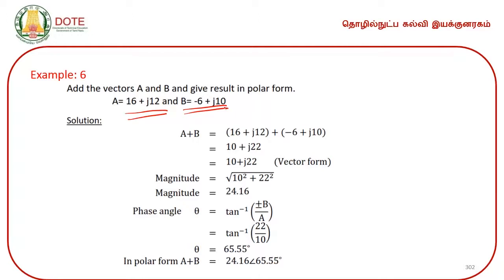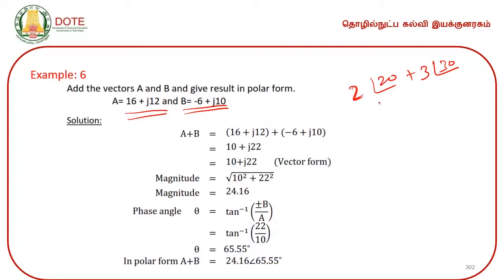Suppose the problem is given like this, if you are asked to add 2 angle 20 plus 3 angle 30, definitely you cannot add two polar quantities straight away, because it is in the form of a magnitude and angle.